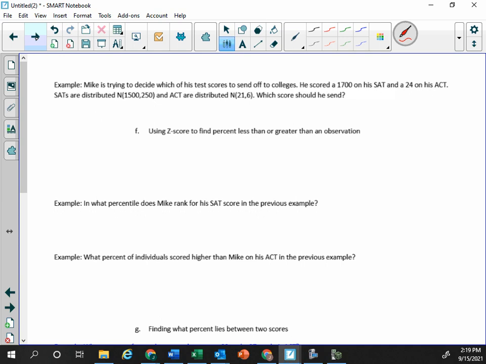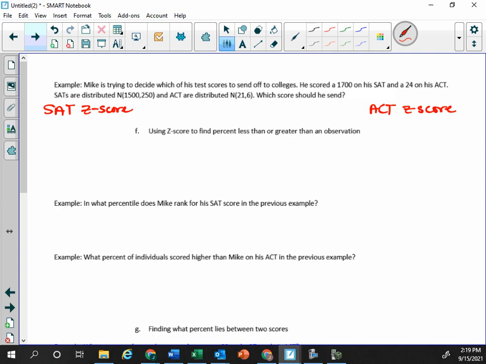So I'm going to find the z-score for the SAT and the ACT. I can go right to finding the z-scores because they told me that they're normally distributed values. That capital N with the 1500 and 250 is saying, hey, this is a normal distribution, so you can just go ahead and find the z-score.